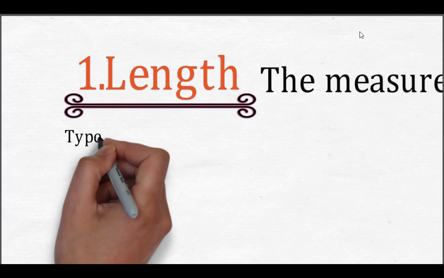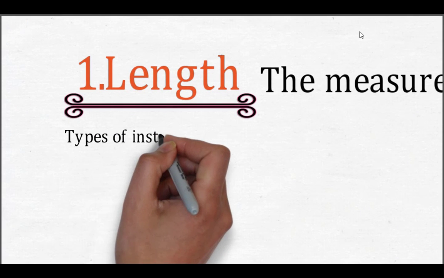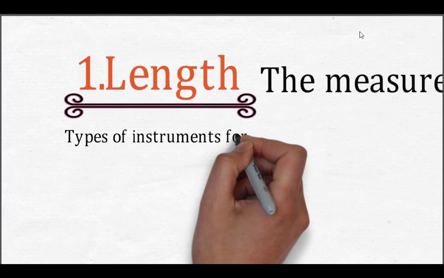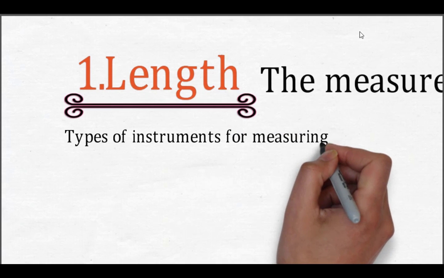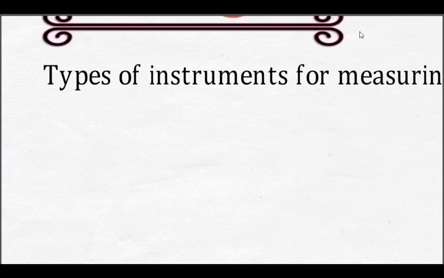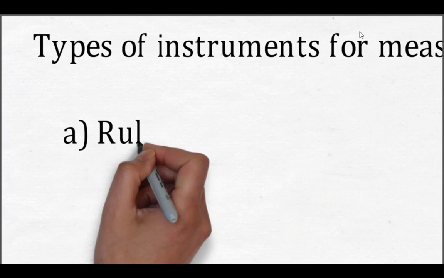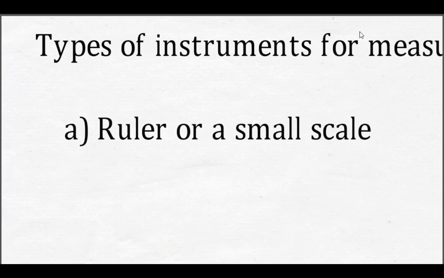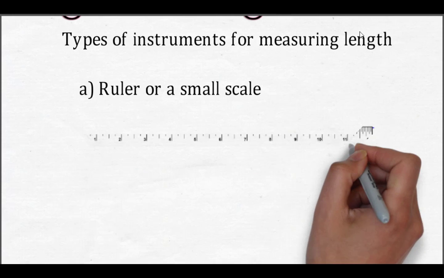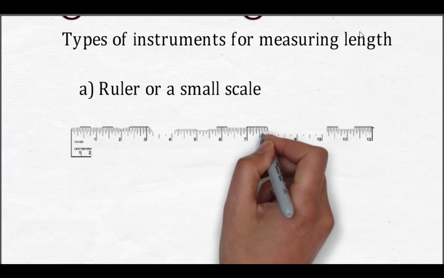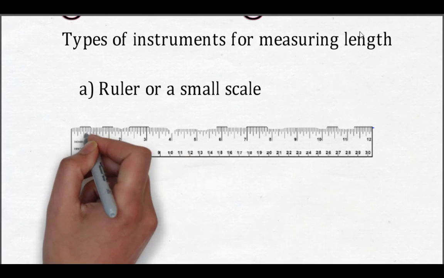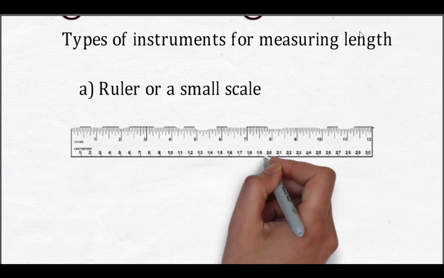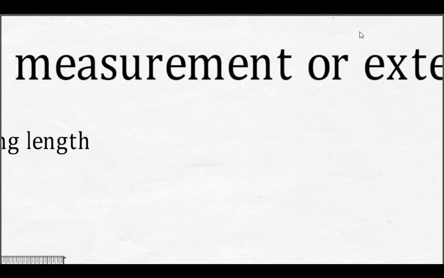There are different types of instruments for measuring the length of an object or the length of distances. First, number A, ruler or a small scale. We all know, we all have a ruler in our class, or we all used to buy this type of scale or a ruler, is it not?